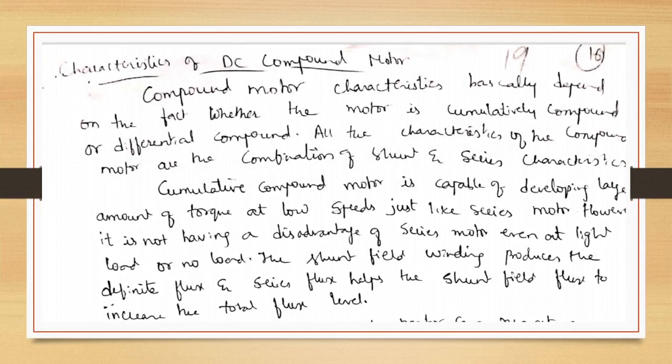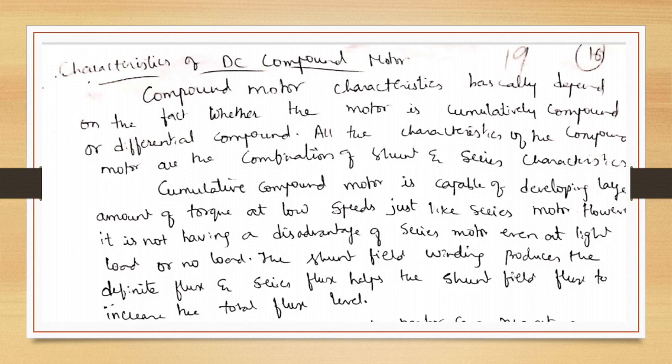Characteristics of DC compound motor. Compound motor characteristics basically depend on whether the motor is cumulative compound or differential compound. All the characteristics of a compound motor are a combination of shunt and series characteristics. A cumulative compound motor is capable of developing a large amount of torque at low speeds, just like a series motor.